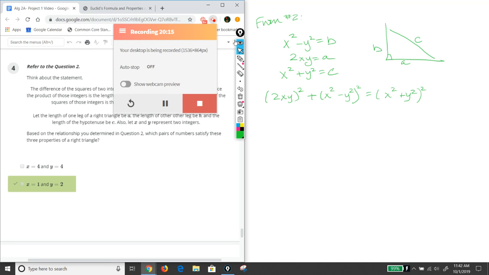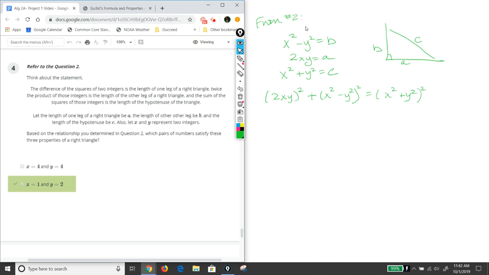Okay, so I rewrote all of the information that we had from question numbers, actually combined questions 1 and 2. And I'm going to encourage you to use the list of information that you have to test whether or not any of these are solutions. So if I looked at the first possible solution, x equaling 4 and y equaling 4, what I would want to do is substitute those into this equation, this guy, and see if it actually works.